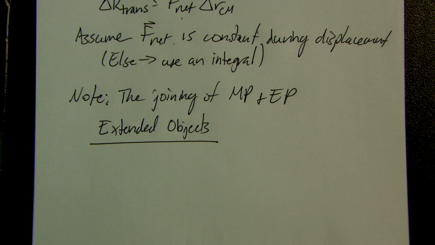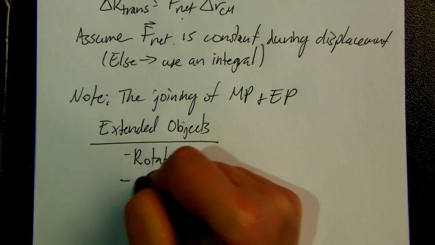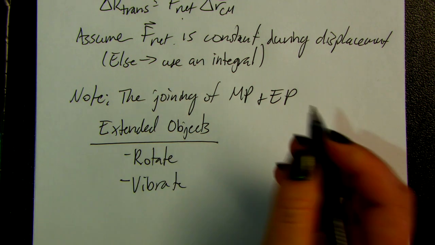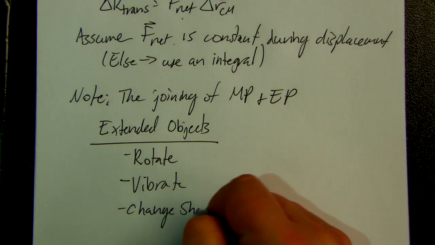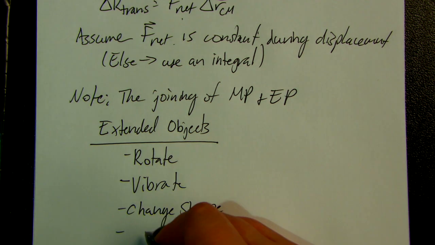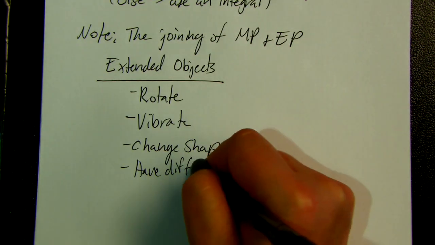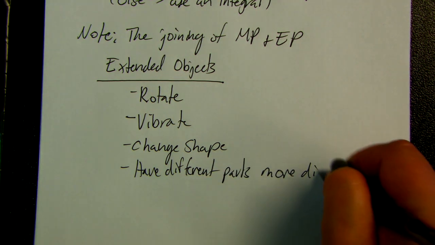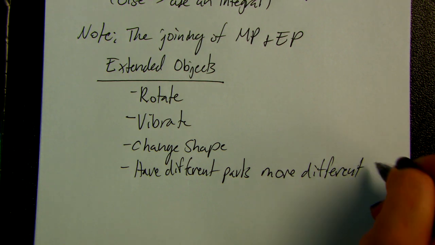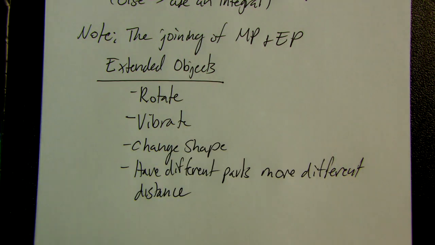If you want to go to two or more dimensions, you need an extended object, which allows you to look at things like: they can rotate, they can vibrate, they can change shape, and have different parts move different distances. If you want to learn any of these things, you need the extended model. And this, of course, is not a comprehensive list.